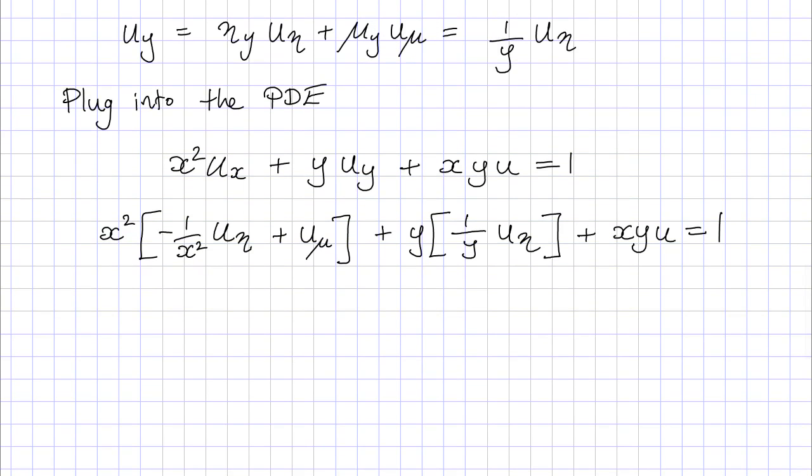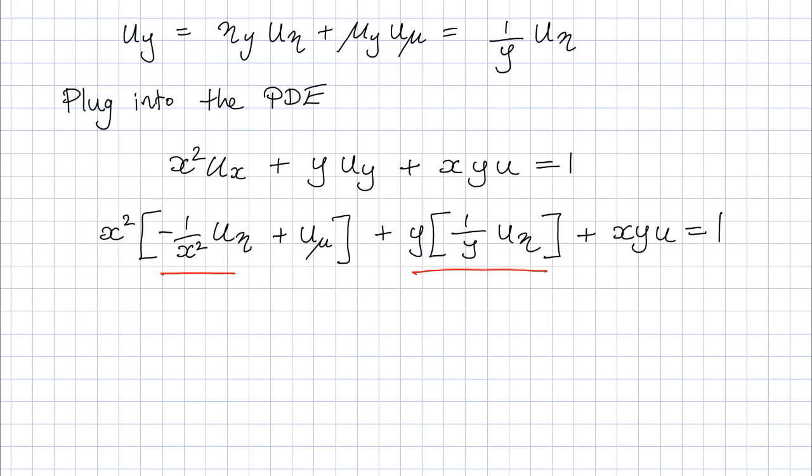So what we can see is, if we look at these two terms, if we look at this one first, I've got plus du by d eta, since the y's cancel. And if I look here, the x squareds cancel, and that leaves me with minus du by d eta.